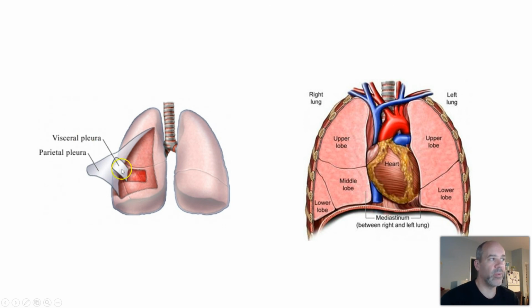The visceral pleura is the serous membrane that is directly in contact with each lung. So this is the same deal like we had with the heart, where you had the visceral pericardium and the parietal pericardium. Just remember, visceral refers to viscera, that's organ. So that is the serous membrane that is always in contact with an organ. In the case of the lungs, that's called the visceral pleura.